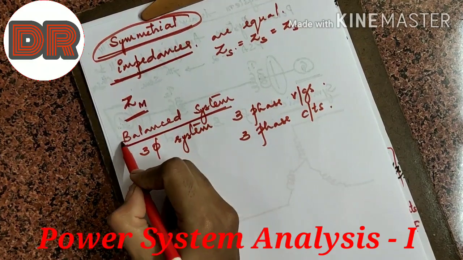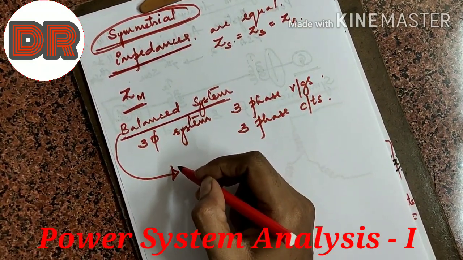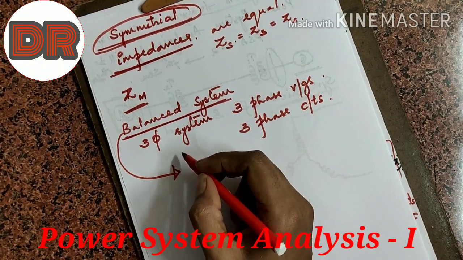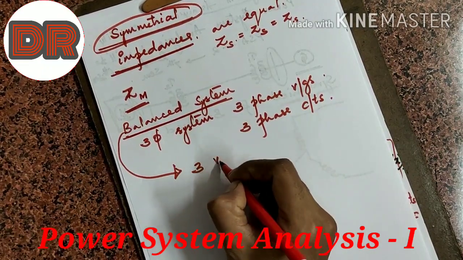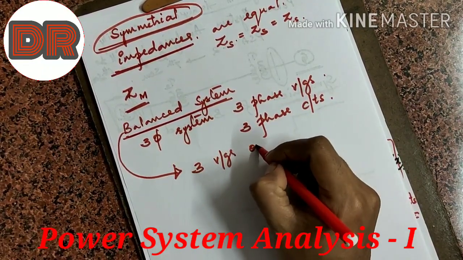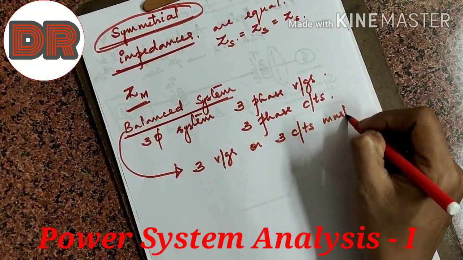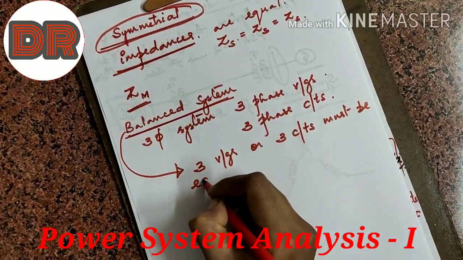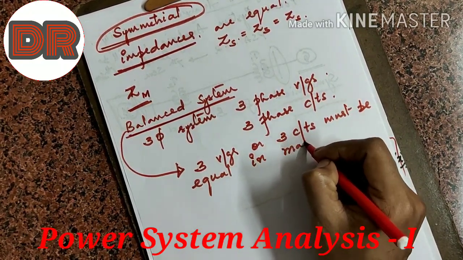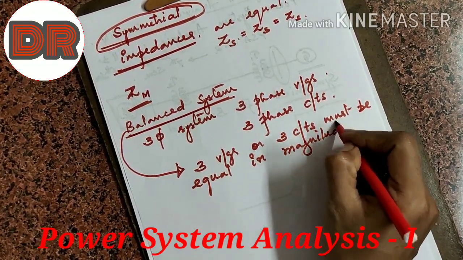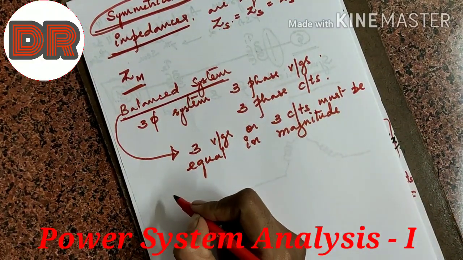So a balanced system is nothing but the three voltages or three currents must be equal in magnitude and have the same angle difference between them.